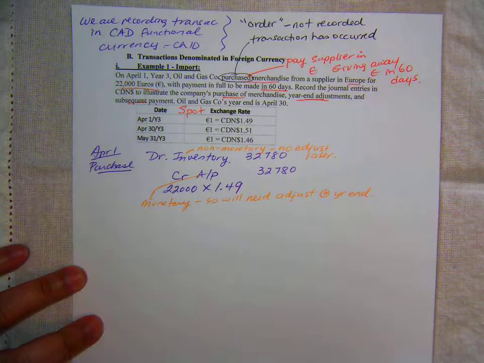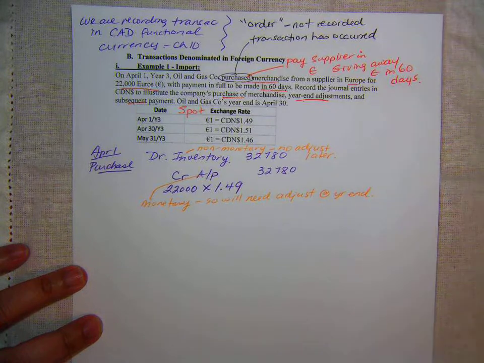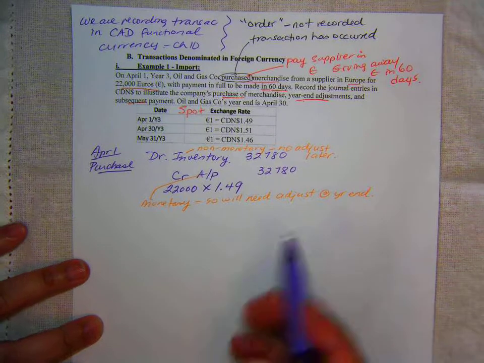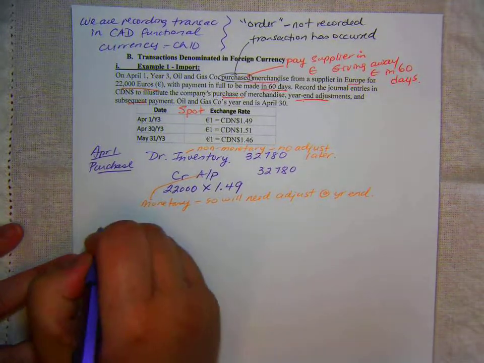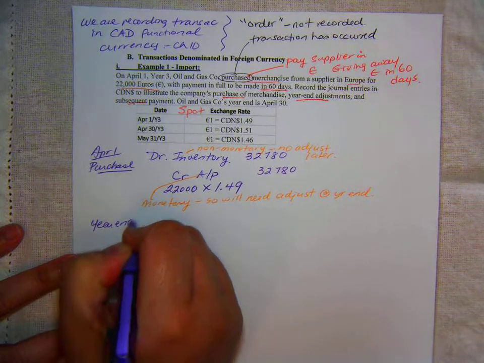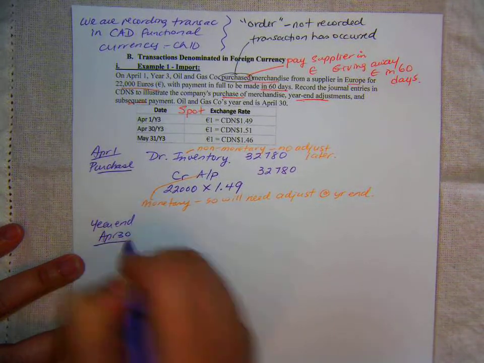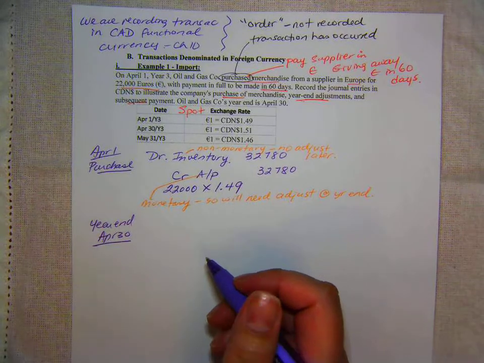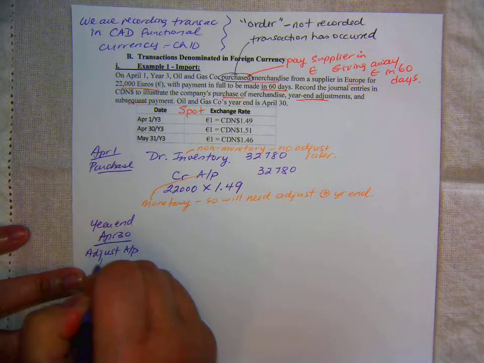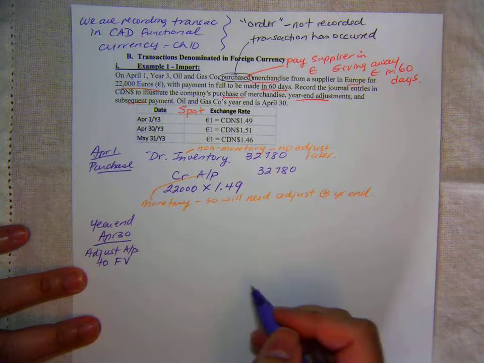So after April 1st, our purchase, when's the next time we have an entry? Well, year end. Now, if year end wasn't till August, we'd go right to May 31st. But year end's in the middle. So we're going to put year end of April 30th, and we're going to adjust AP to fair value.